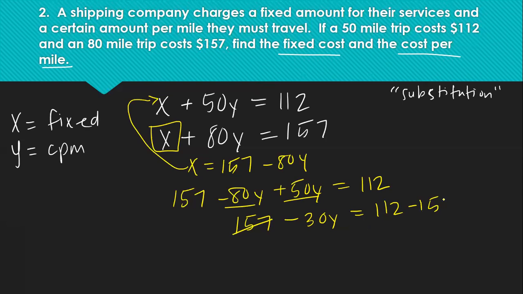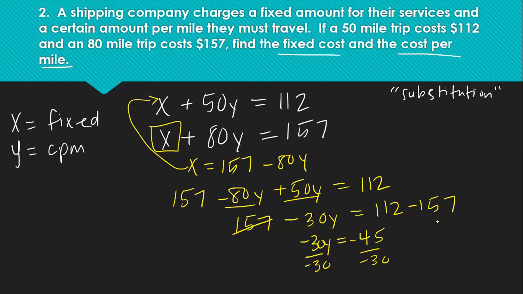Subtract my 157, and we get negative 30y equals negative 45. And then divide by negative 30.